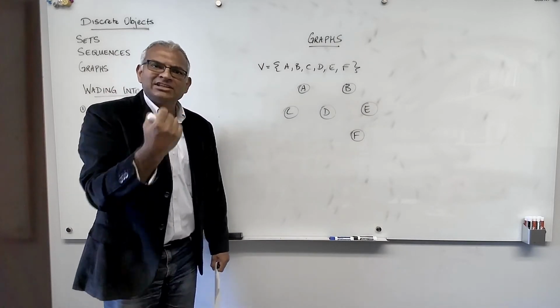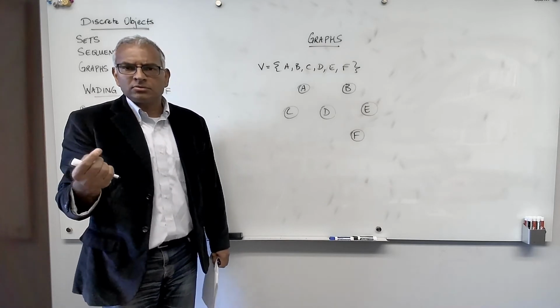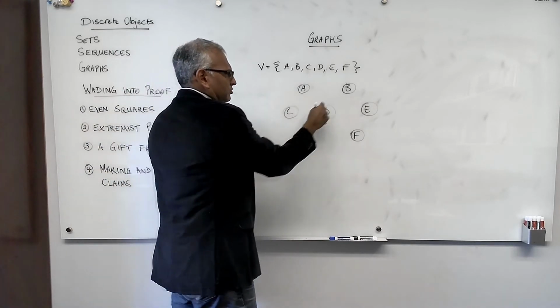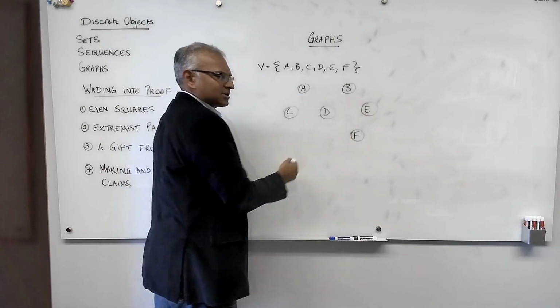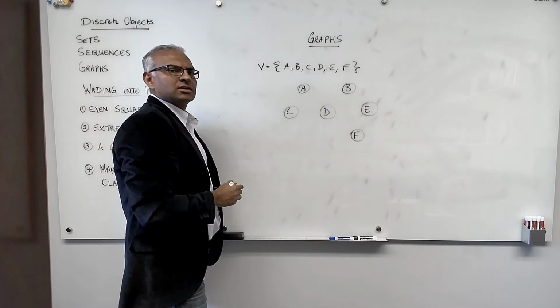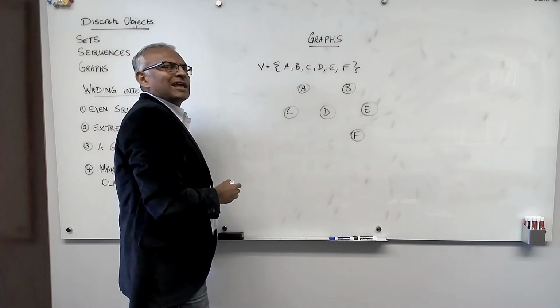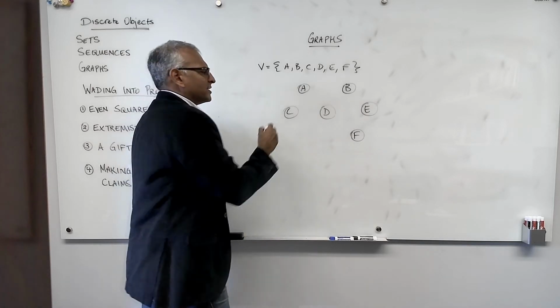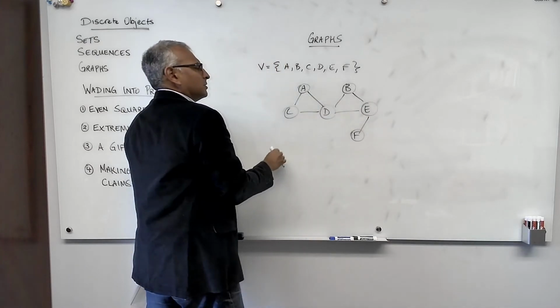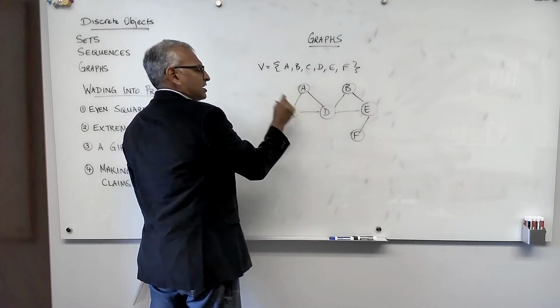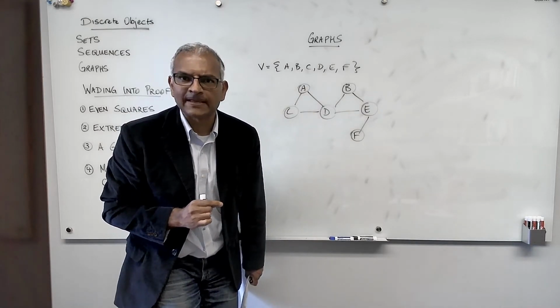concept is a relationship. One way to tell you who's friends with whom is to draw all my objects in the set as little circles that are labeled by the object label. And I'm going to put a line between 2 people if they're friends. So look, this line between A and C means A and C are friends. Fantastic.